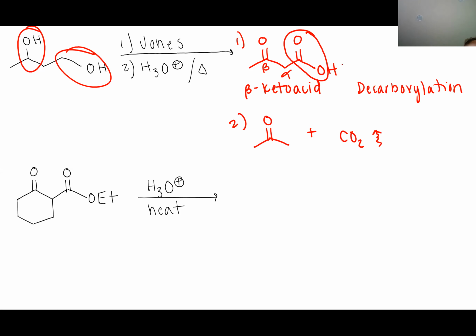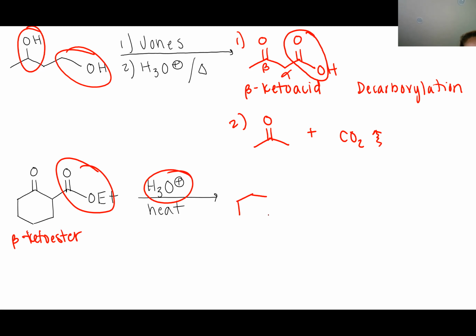What's going to happen in the next reaction? Is it going to break that ring open? No, we're not going to break the ring open. Won't it break down the ester? Right, so this is a beta keto ester. So a couple things are going to happen. We have H3O+, and we know what happens to an ester when it's reacted with H3O+, right?